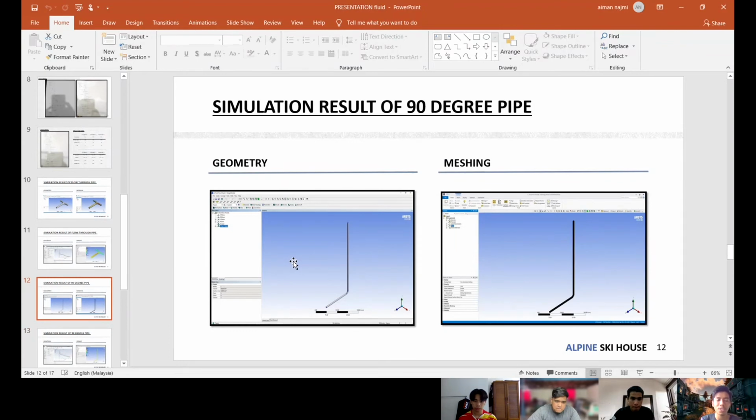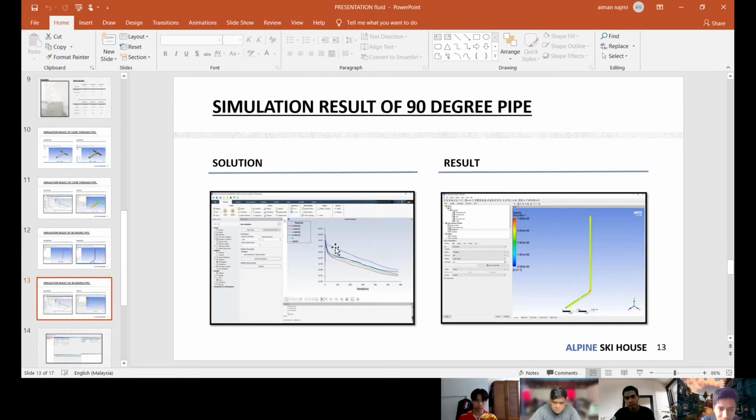Okay, for the second result, the simulation result of the 90-degree pipe, this is the geometry. You can see the shape is L, and the meshing, the shape changed to the black color.